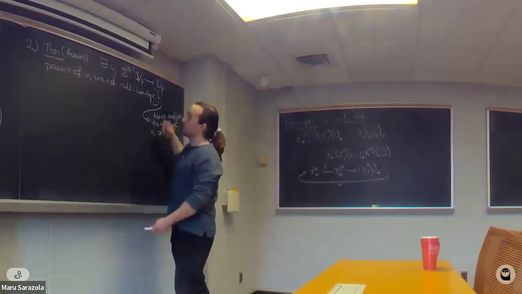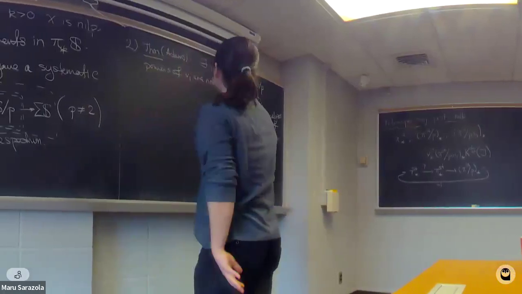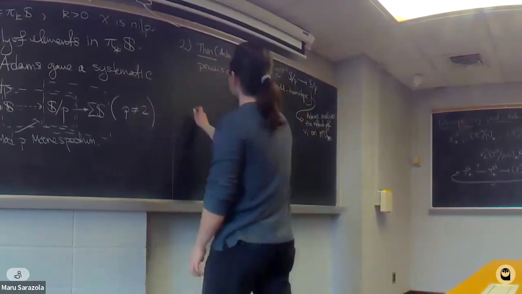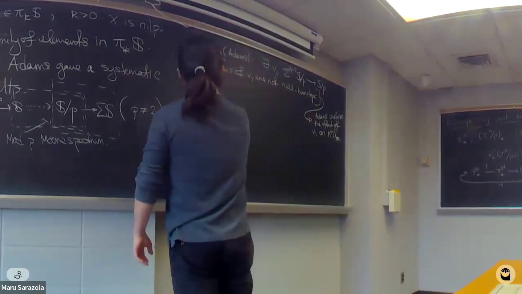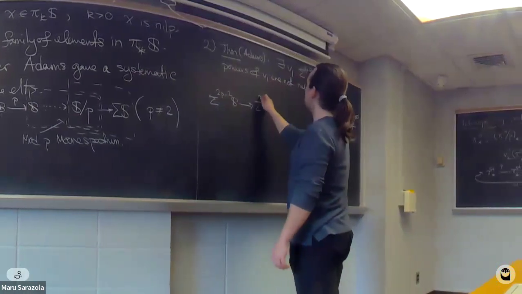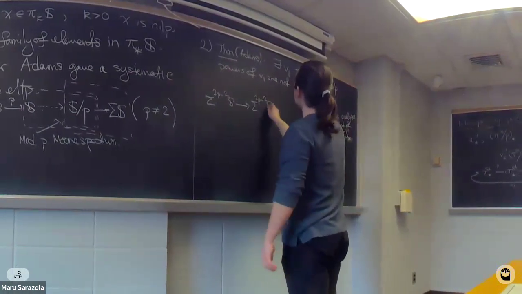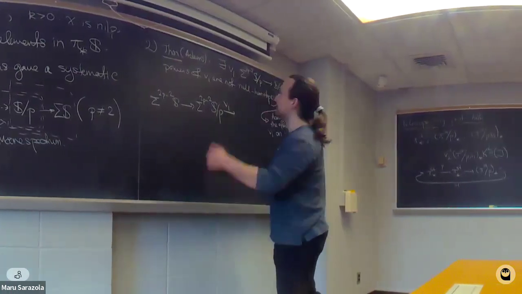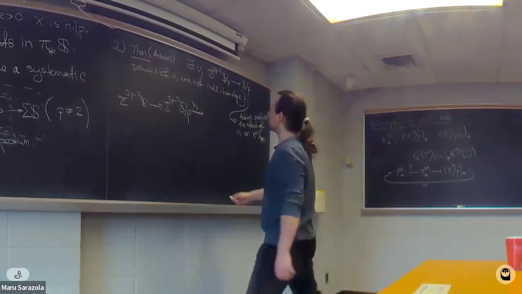And that's the map out that you get. But anyways, what do you do? Well, you do the thing that you would hope you can do here, which is you take the 2p minus 2 suspension of the sphere, and you map into the 2p minus 2 suspension of the sphere mod p. You take this V1 self map or powers of it, but it's going to clutter up the notation, so I'm not going to do that.